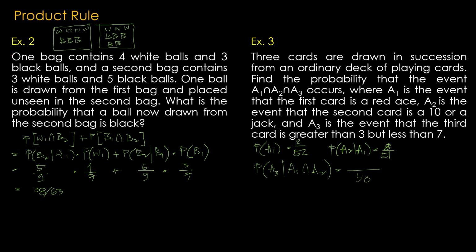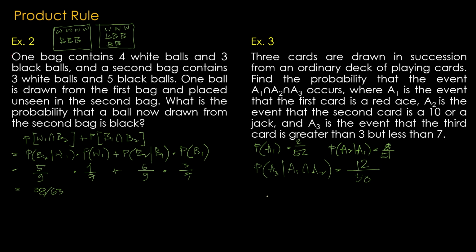Your event A3 is the event wherein the card is greater than 3 but less than 7. So again, what are those numbers? That would be 4, 5, and 6, and each of those numbers has 4 different types. Therefore that would be 4 times 3, so that would be 12 over 50.